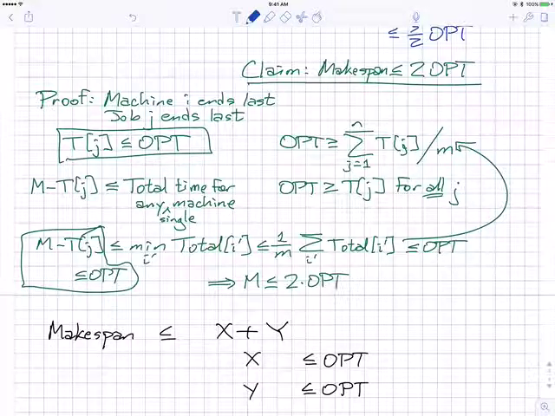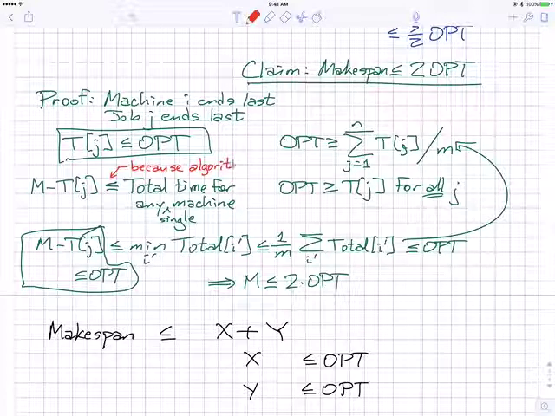I'm sorry. Can you make that argument again? Where you say that it's total time for any single machine? Okay, so the question is, can I repeat this argument? This is the place where I say, why is this? Because this is what the algorithm says that I have to do.